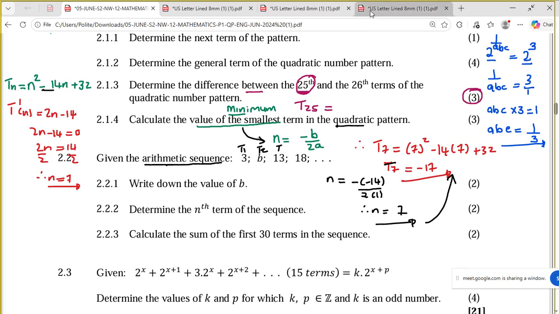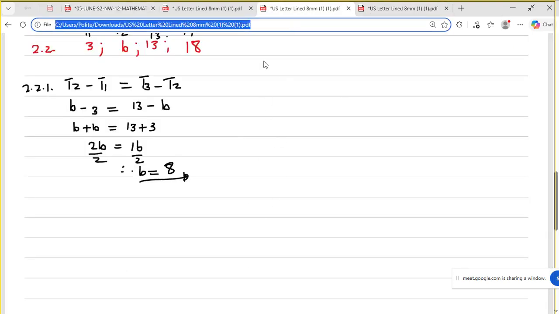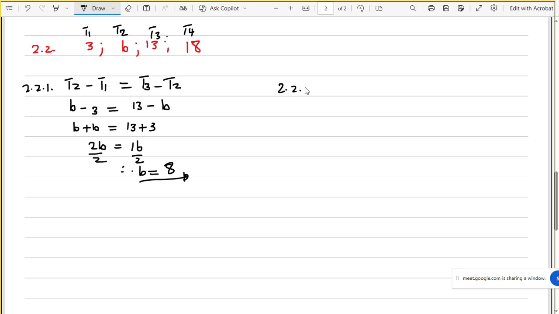Determine the nth term of the sequence. The nth term, they are looking for Tn. Tn is equal to a plus n minus 1 times d. Therefore, Tn is equal to a, which is the first term of the sequence, that's 3, plus n minus 1 and d.